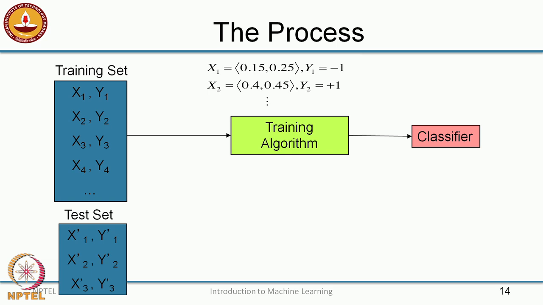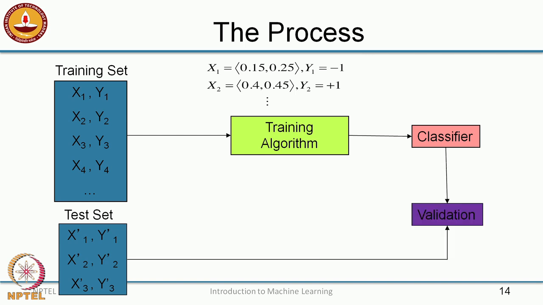We know what the labels are because we need to use the correct labels to evaluate whether your training algorithm is doing good or bad. This process by which the evaluation happens is called validation. At the end of the validation, if you are happy with the quality of the classifier, we can keep it. If you are not happy, we go back to the training algorithm and say, hey, I am not happy with what you produced, give me something different.